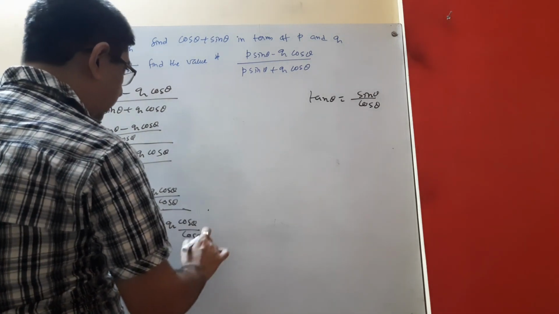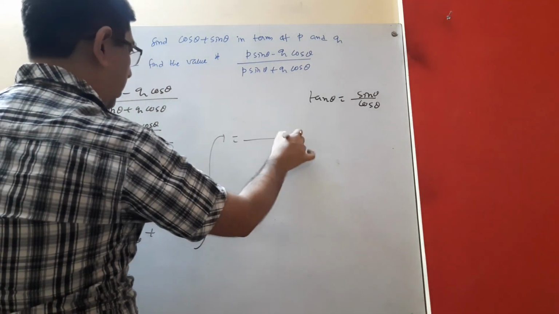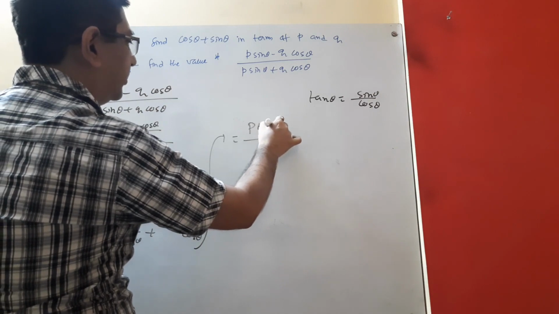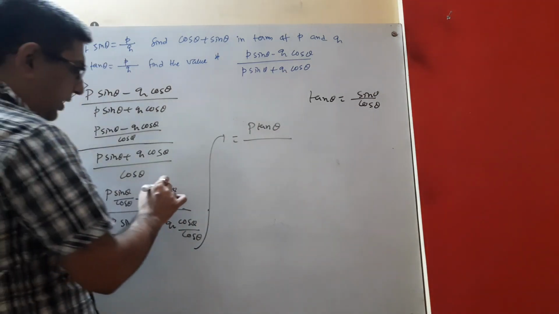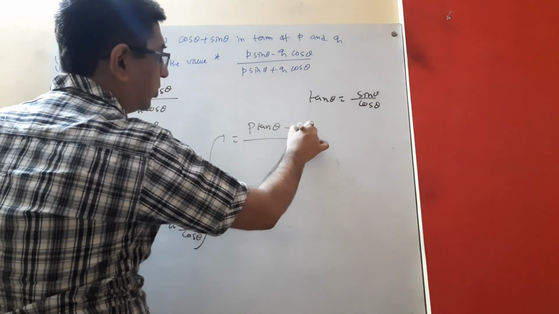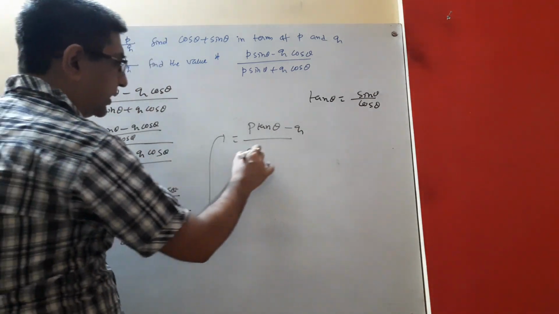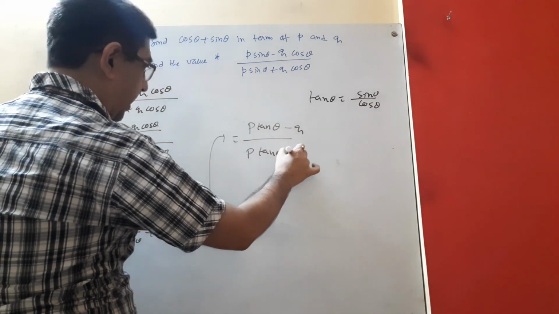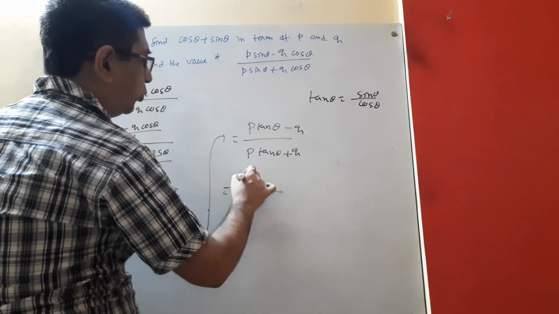So what are we getting? Look, this is P tan theta, isn't it? Sin theta by cos theta is tan theta. Cos theta cancels, minus Q. And this is P tan theta plus Q. Now you just put the value of tan theta.